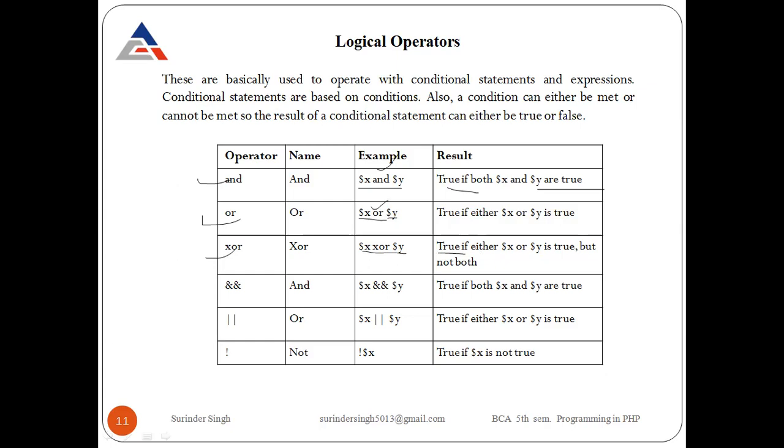If both are true or both are false, then we will get the result false. Clear? For getting the result true, one must be true and the other must be false. Okay, only one must be true for getting the result true.